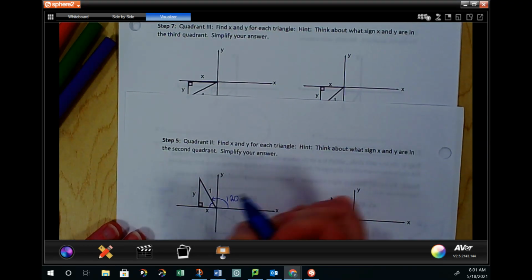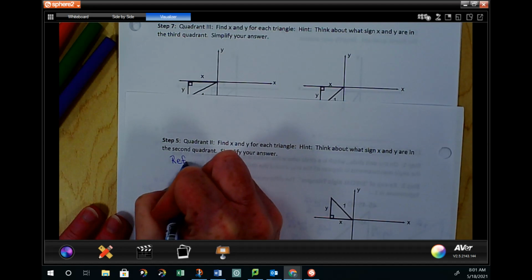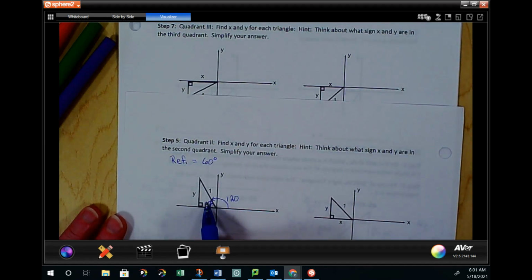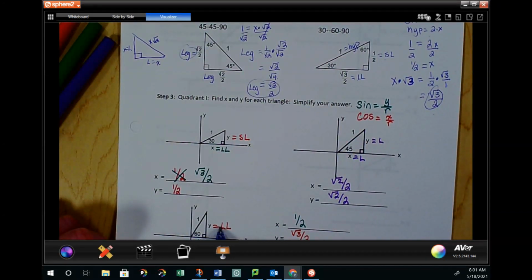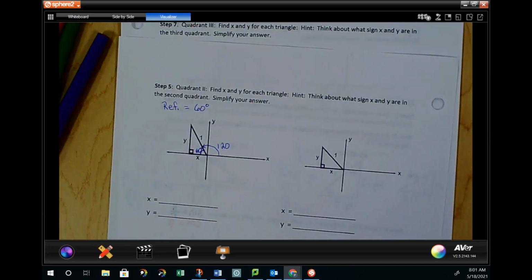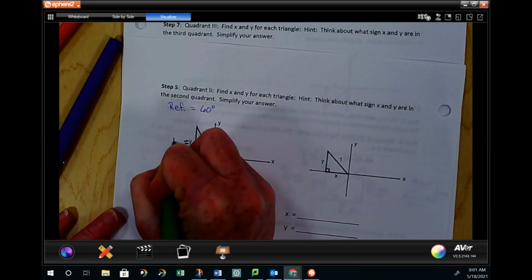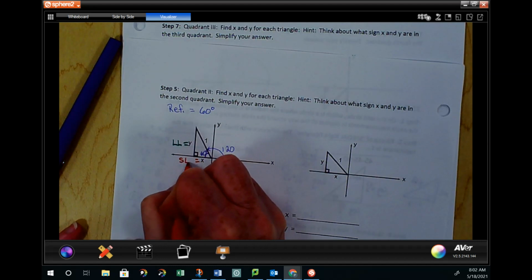So this angle right here, my reference angle, equals 60 degrees, because that's 120. If this is my 60 degrees, I go back to my little triangle. This one's going to be my long leg, and this is going to be my short leg.